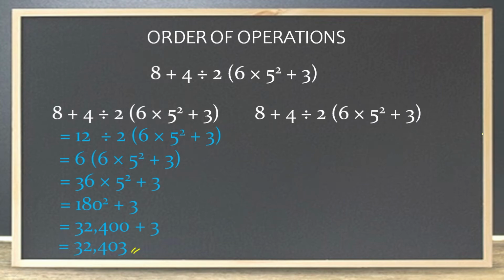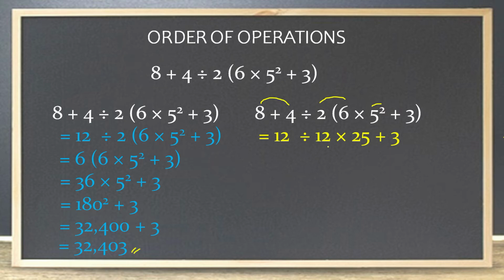All right, let us look at another scenario. In this, we are going to take this number in 2, okay, in 2. So this is 2, then this one stands by itself. So we have 8 plus 4 is 12, and you also have 2 times 6, which is also 12. So you have 12 divided by 12 times 5 squared, which is 25, plus 3.